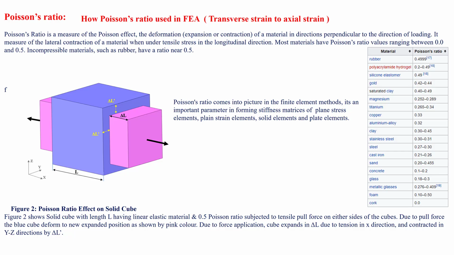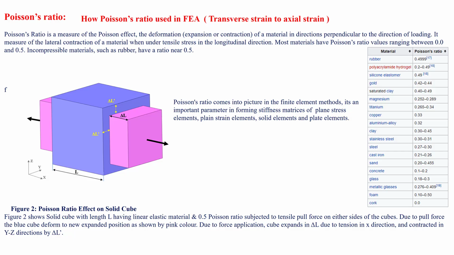In the figure you can see the solid cube with length L, having an elastic material and Poisson's ratio 0.5, subject to a tensile stress. When you pull it on either side, due to the pull force the blue cube deforms to form the pink one, where a reduction in area takes place due to the force application.